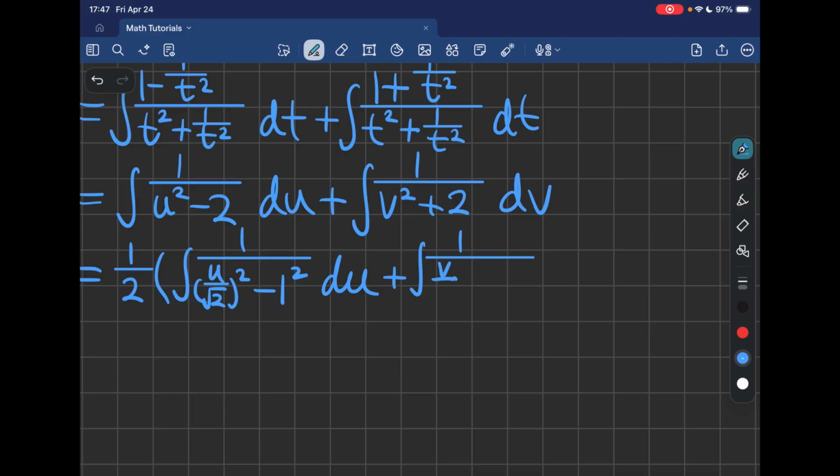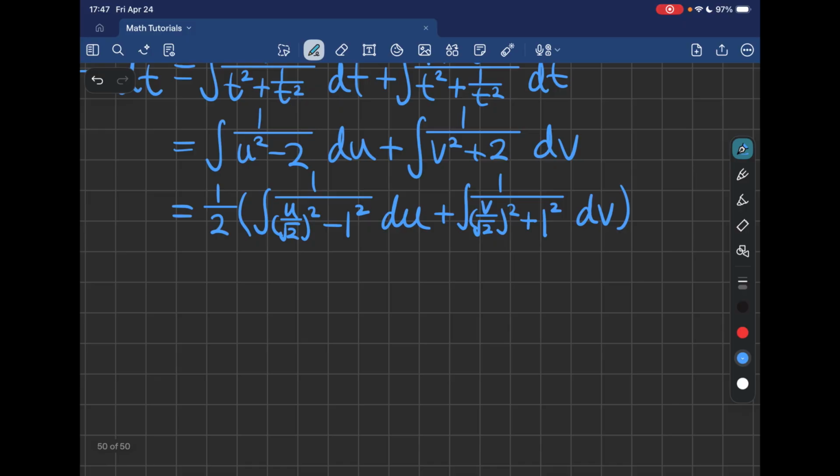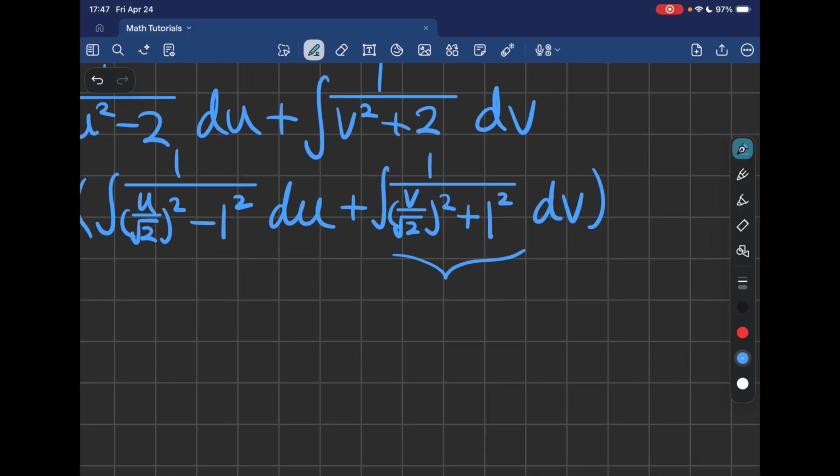So v over square root of 2 to the power of 2 plus 1 to the power of 2 dv, in parentheses. Right, so now we can apply the standard integral formula and we can substitute something for v later.